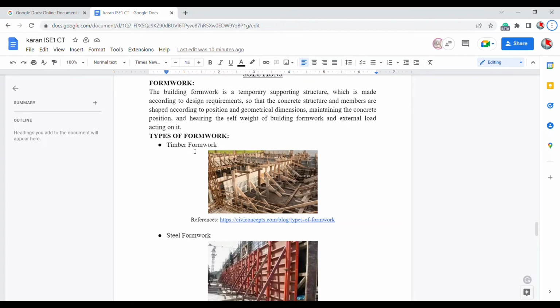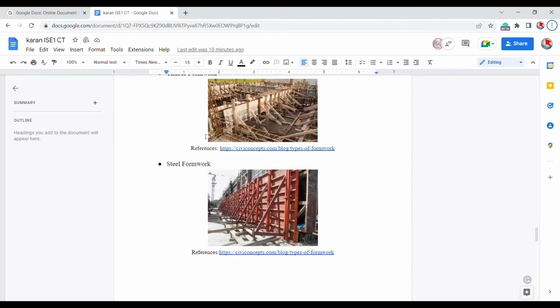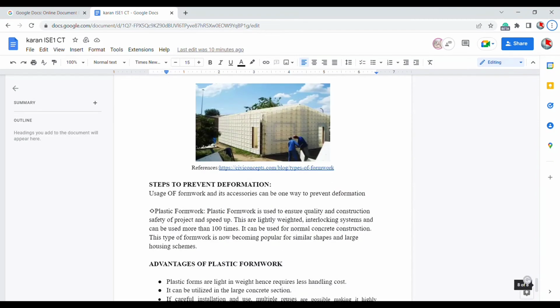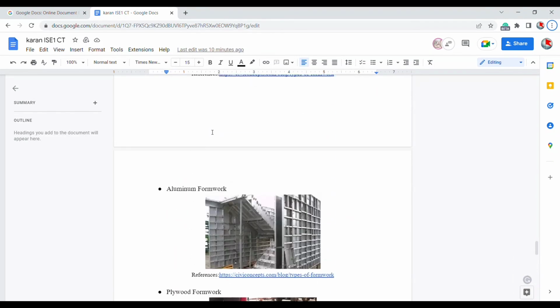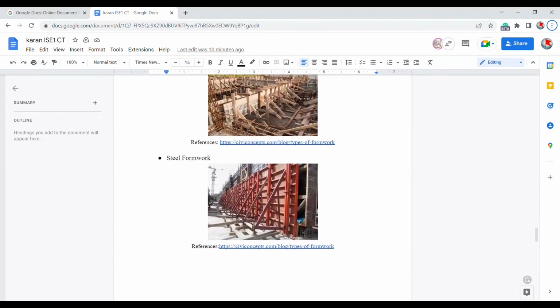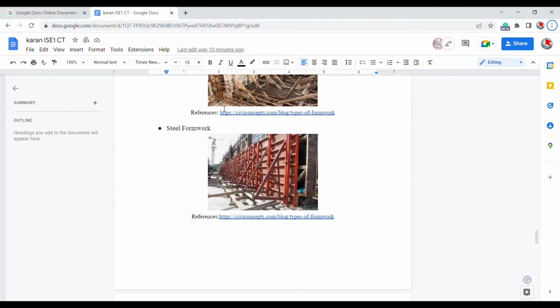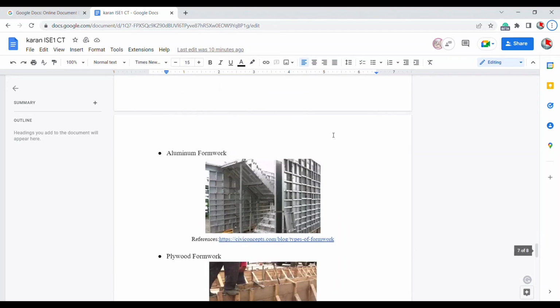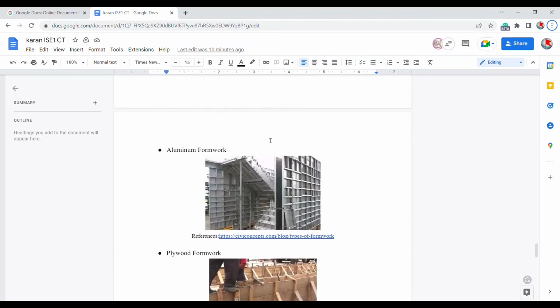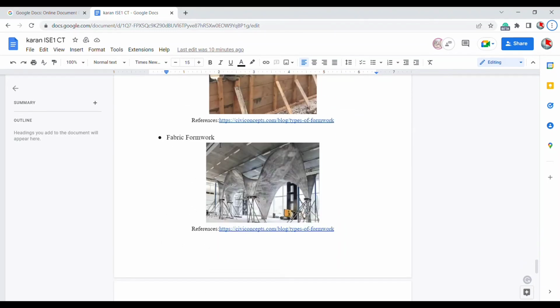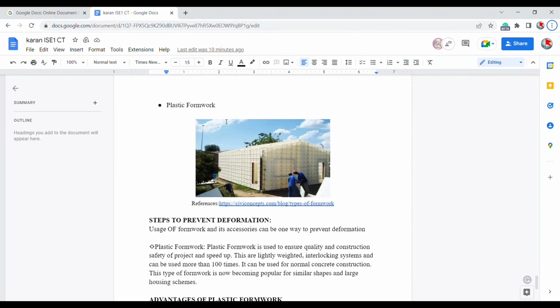The main formwork we are going to use is the plastic formwork. The second is steel formwork, the third is aluminium formwork, the fourth is plywood formwork. The shape you are seeing is fabric formwork, and the last is plastic formwork.